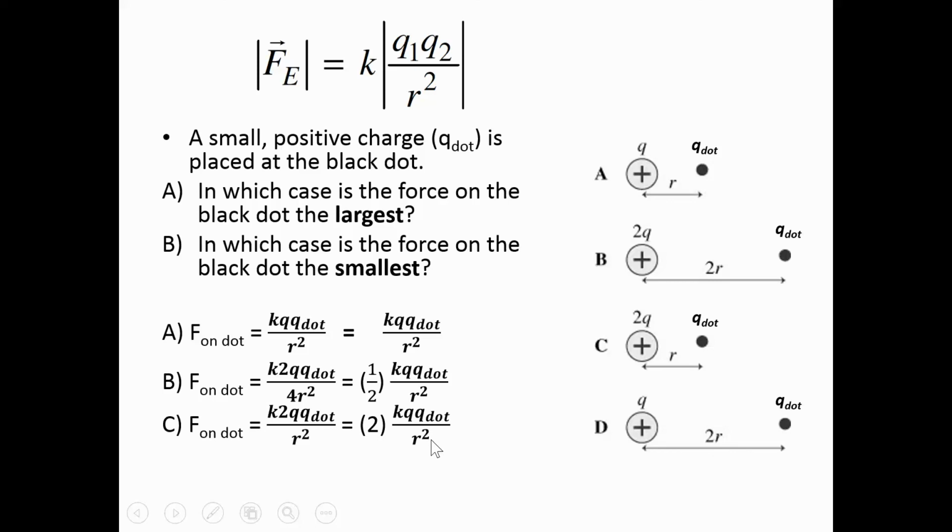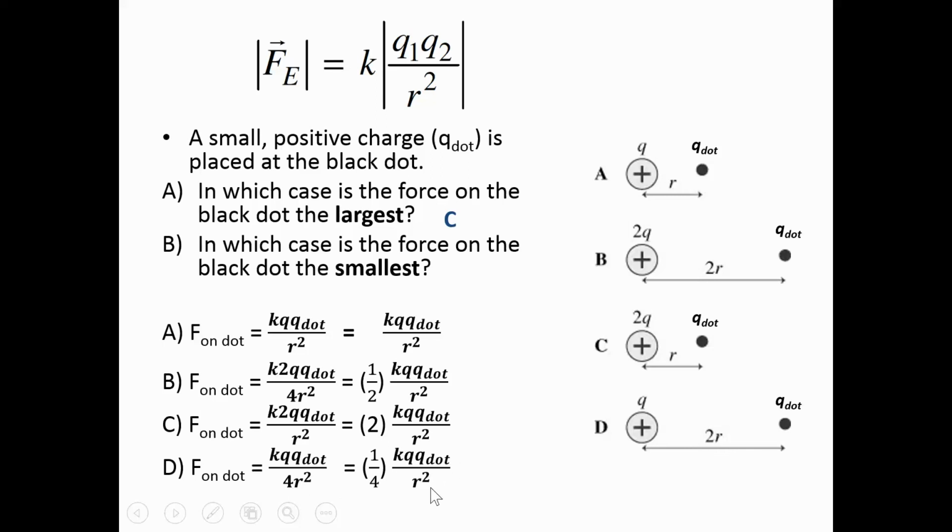In our last case, we have just Q and Q dot as our charges, and our distance is 2R. So we're going to make it 4R squared on the bottom because you have to square the 2 and the R. Then we can pull out this 4 so we can compare to the others, and it becomes 1/4 Q dot over R squared.